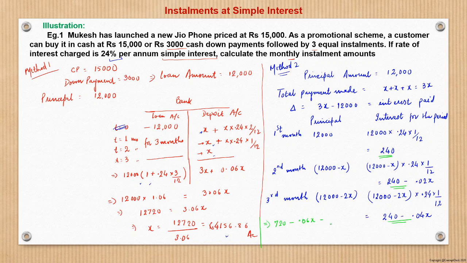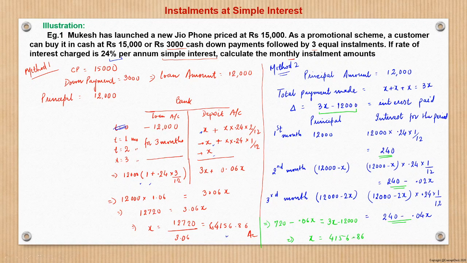This is the interest paid for the 3 months, and that should be equal to what? Delta, that is 3x minus 12,000. So again, if we solve here, we will get x equal to 4156.86 rupees.